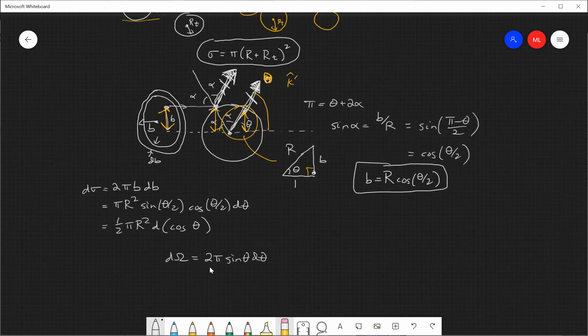The integral here is like that: there's a factor of 2 pi for the phi direction, and then if you integrate sine d theta over all the possible values of theta, you just get a factor of 2. So this is 4 pi. Because of this, we can write d sigma d omega as 1 over 2 pi d sigma d cosine theta.